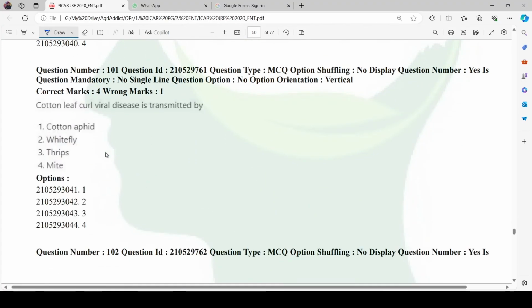Next question is, the cotton leaf curl viral disease is transmitted by, very basic question, whitefly, but you need to know that the B type strain of whitefly, that is Bemisia tabaci, mainly transmits this cotton leaf curl virus.